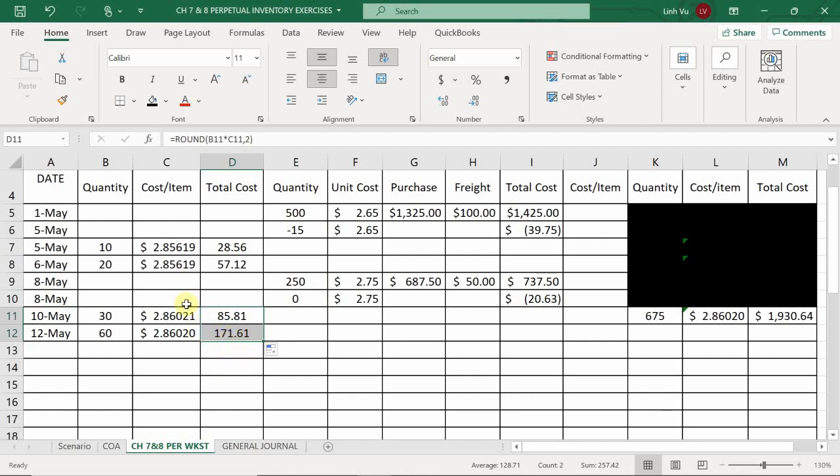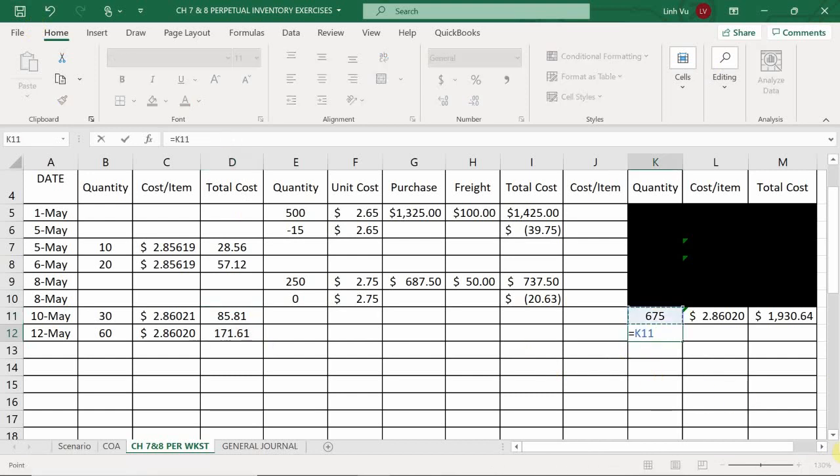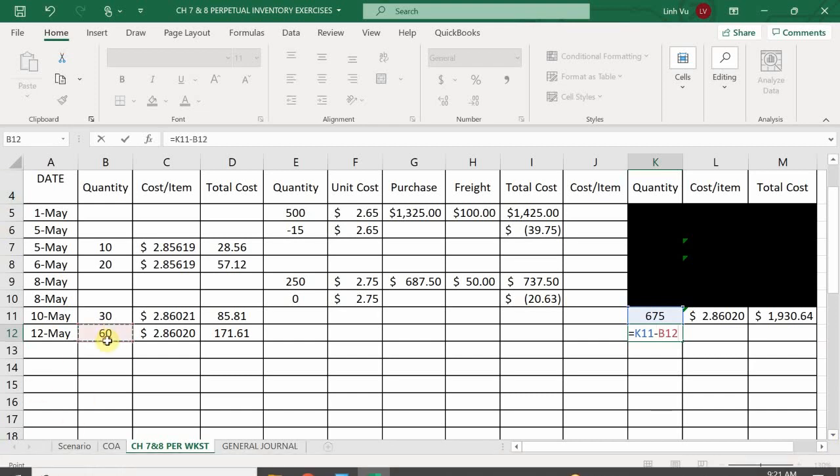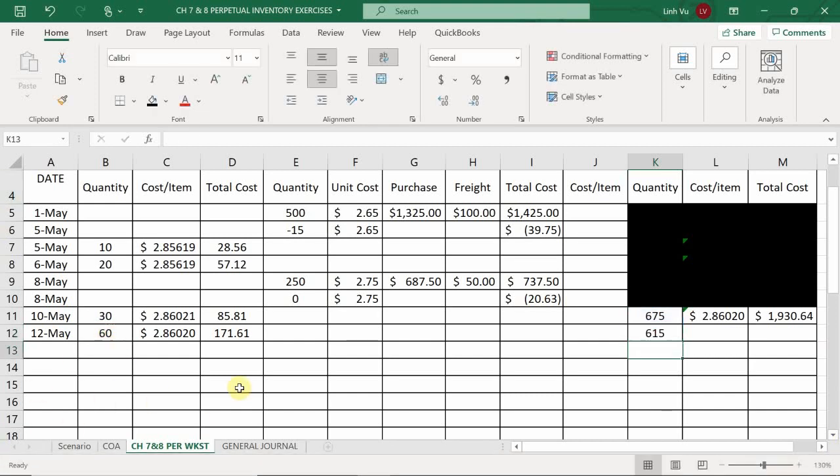Okay, good. So then I need to take it out because I no longer have 675. I have a total of 615 left.